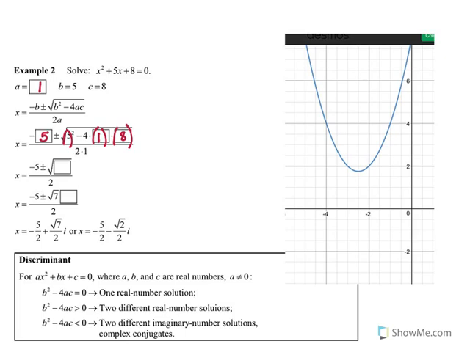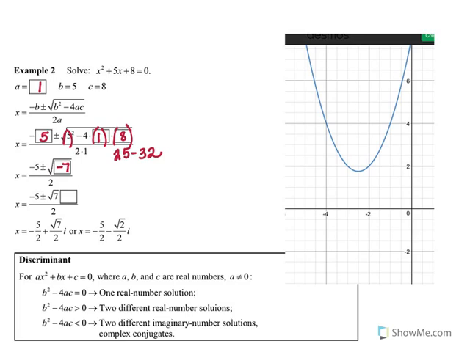We'll go ahead and multiply. This gives me 5 squared, which is 25, minus 4 times 1 times 8 is 32, and 25 minus 32 is negative 7, all over 2 times 1, which is 2. I have a negative underneath my radical.